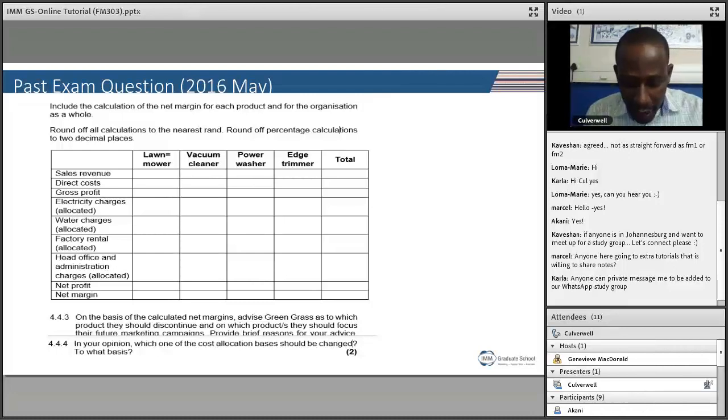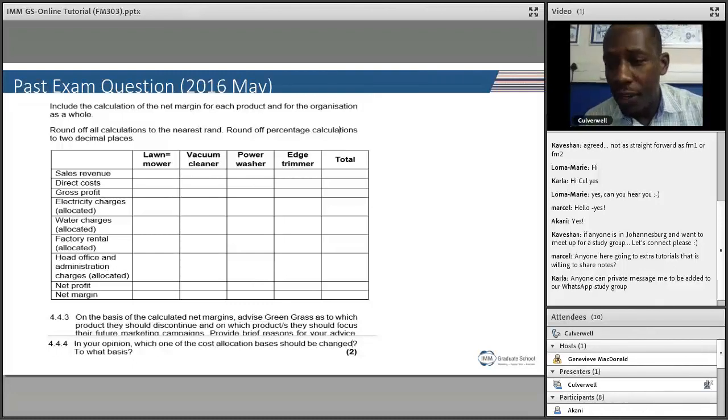In an exam situation, the examiner might give you the sales exactly as given, and then say direct cost. Then the formula would say sales revenue subtracted direct cost. Instead of seeing gross profit there, the examiner might choose to say contribution margin. We'll still be referring to the same thing, contribution margin.